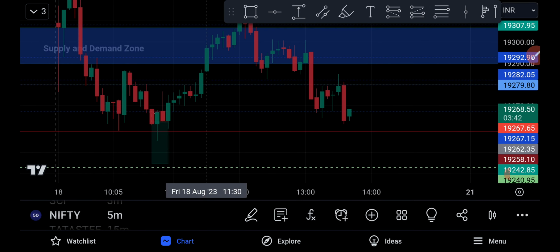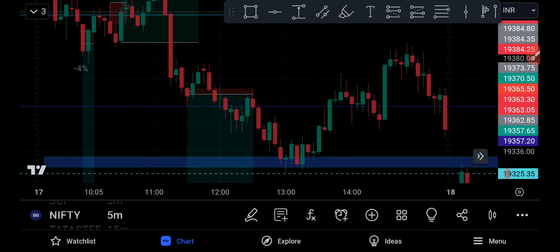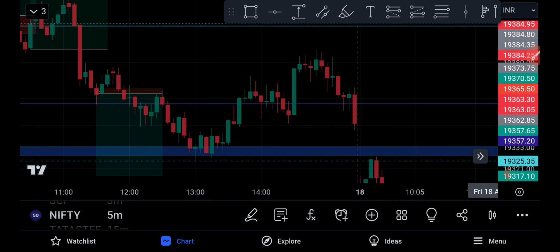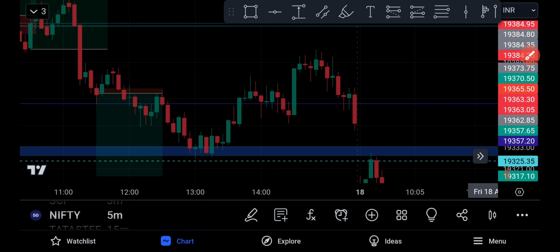When you look at what's happening throughout the market from yesterday, look at it properly. I noticed a few things here. One thing, a big candle followed by small candles, then a huge candle followed by small candles, right?